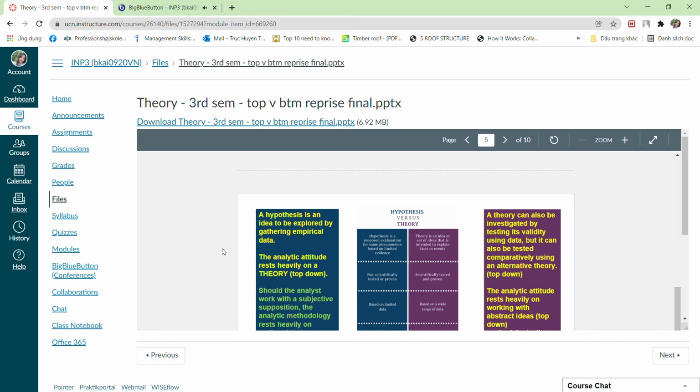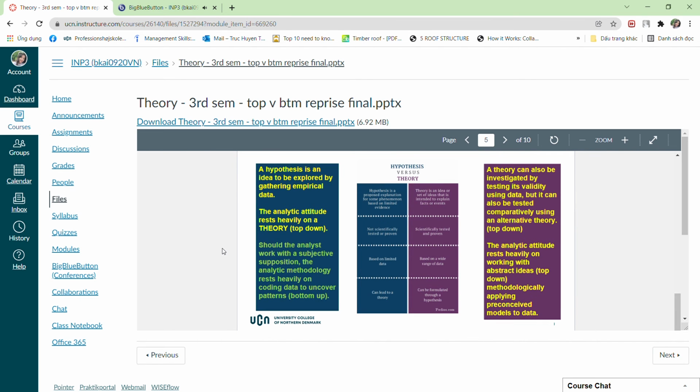Okay, let's look carefully now at this left-hand side of the slide, because it's rather dense. The hypothesis is the idea that we have, because we have a theory which explains and predicts. So I look at my theory, I say, this explains and predicts people's behavior.